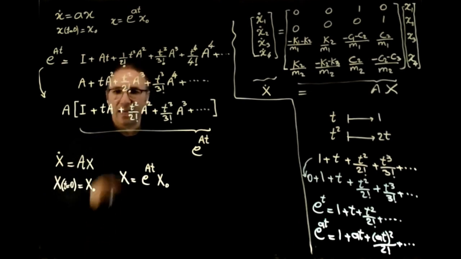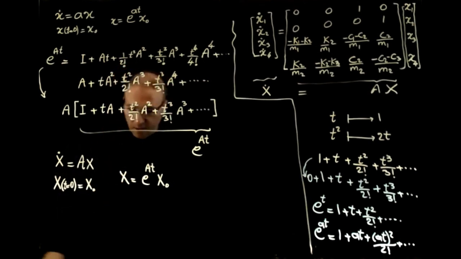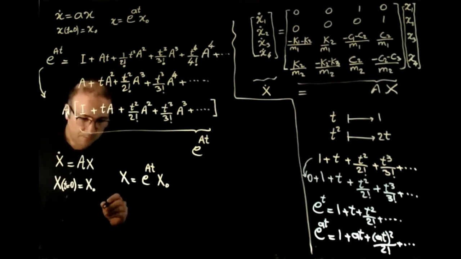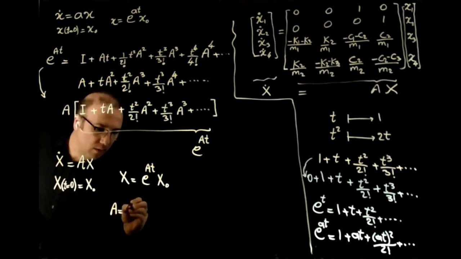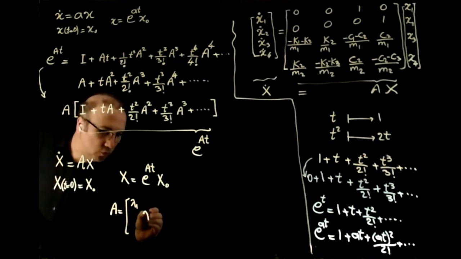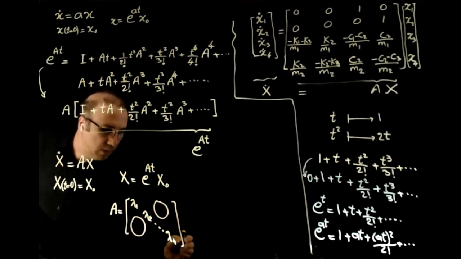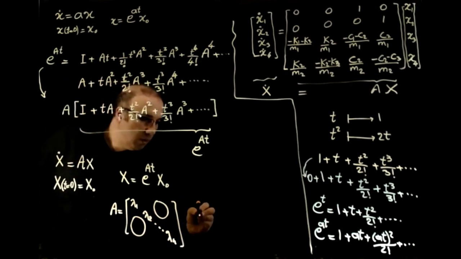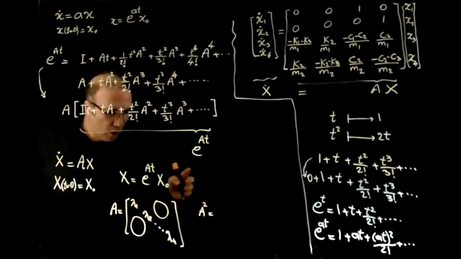If matrix A is diagonal, then it would be easy. Why? Because for a diagonal matrix, let's say A equals lambda 1, then lambda 2, and all the way to lambda n, with a bunch of zeros elsewhere, then A squared would be this times itself.